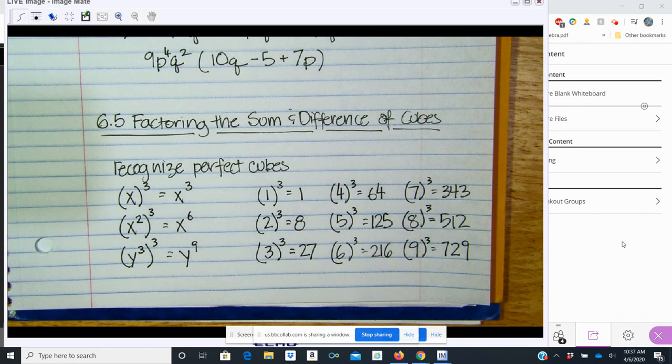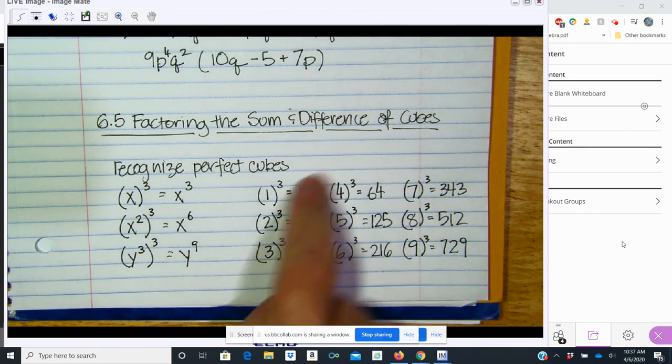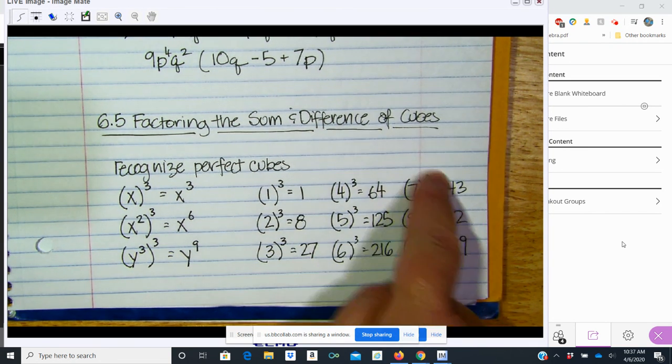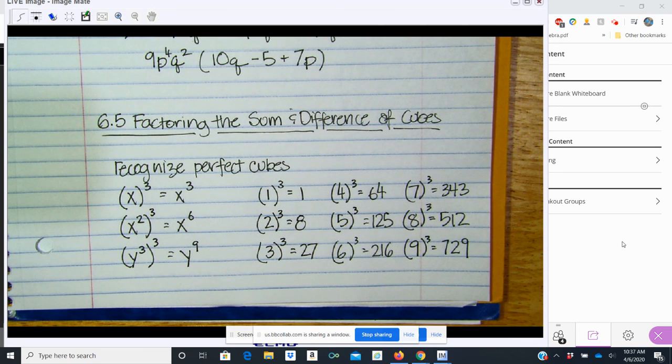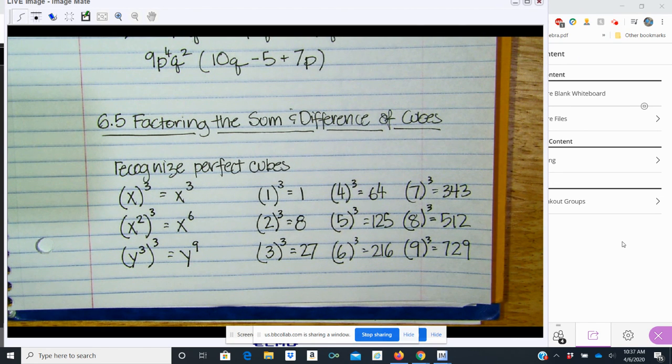Being able to recognize the perfect cubes that are listed here is helpful when dealing with the sum and difference of cubes. You can see that recognizing these numbers is not the easiest thing on the planet, right?